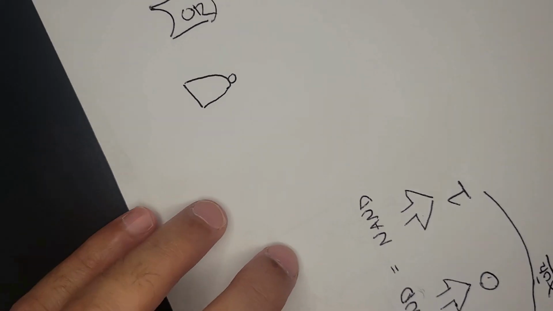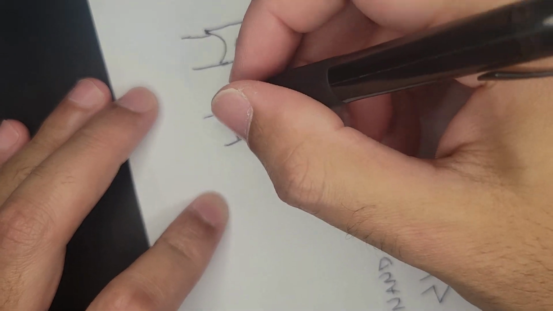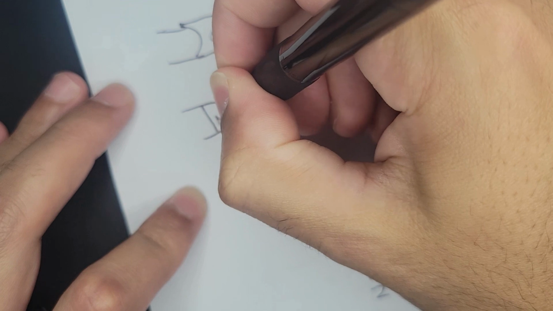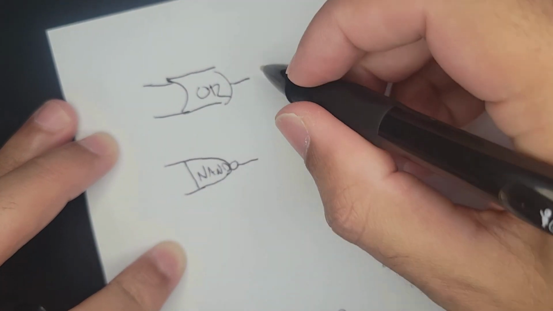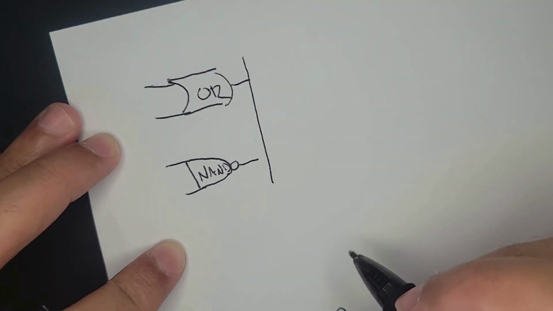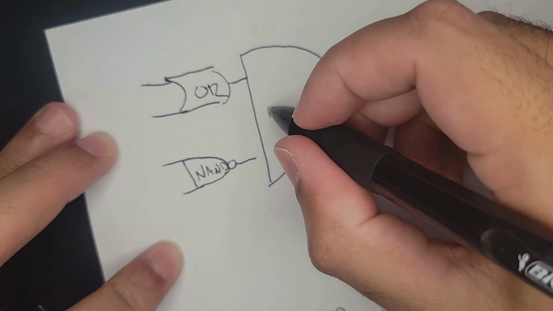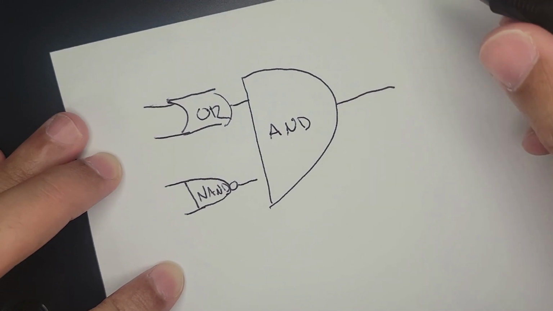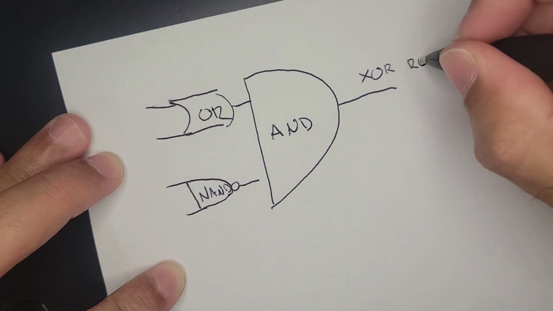Anyway, so we have a not AND. So you have an OR, and a not AND. And then the results of these are going to feed into an AND gate, which has a big curved front and looks like a bullet bill from Mario. And the result of which is going to be our XOR result.